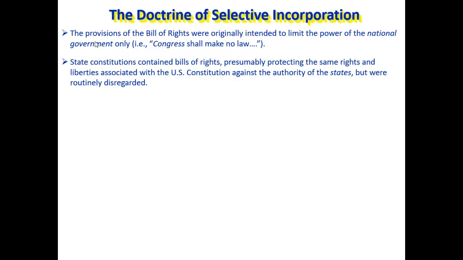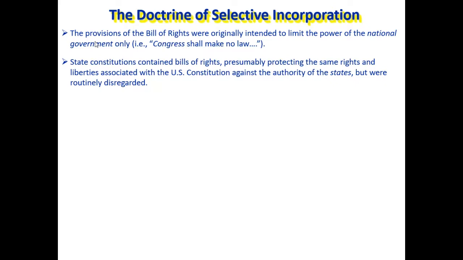Well, the prevailing argument of the time was that that was the function of state constitutions. And in fact, state constitutions do have a Bill of Rights, as the Texas Constitution does, as we pointed out earlier in the semester when we dealt with the Texas Constitution.